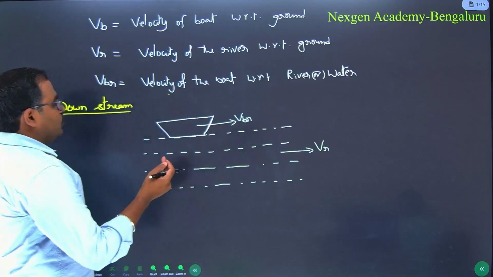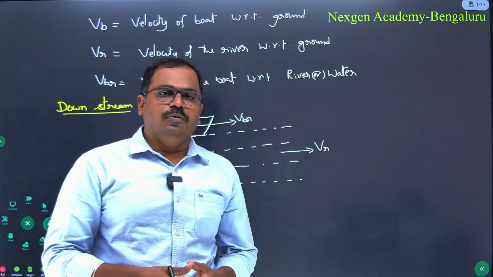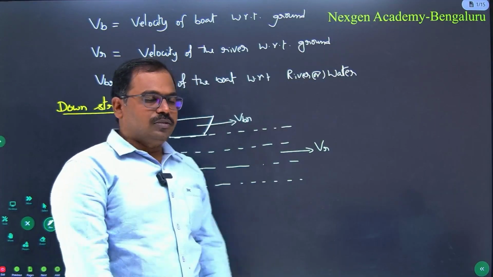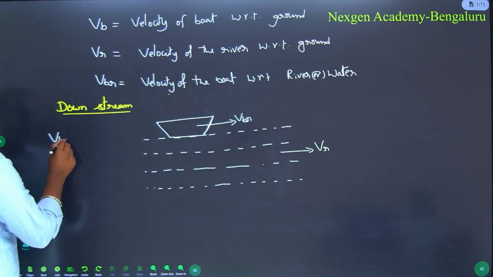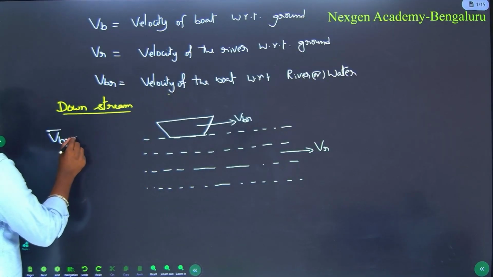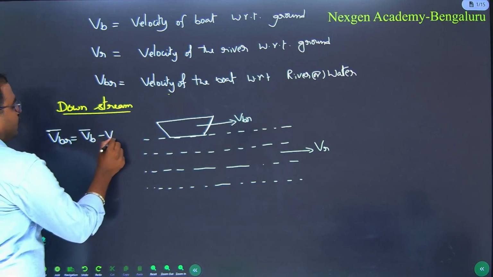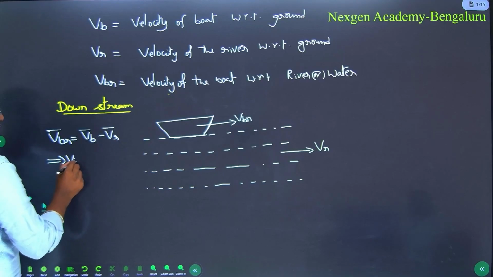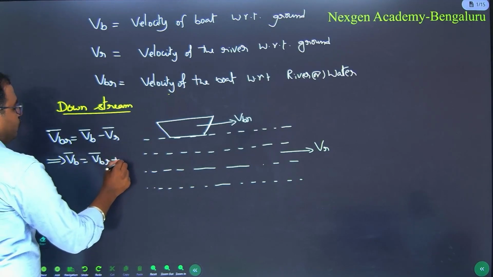So what is the velocity of the boat, the absolute velocity of the boat, or boat velocity with respect to ground? That's the question. Here, according to the concept of relative velocity, VBR is equal to VB minus VR, or this can also be written as VB is equal to VBR plus VR.